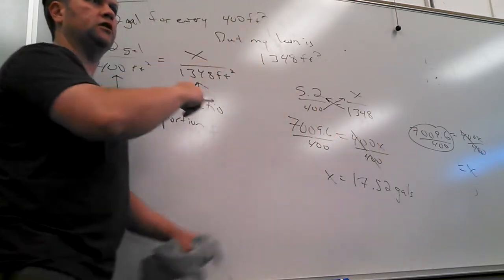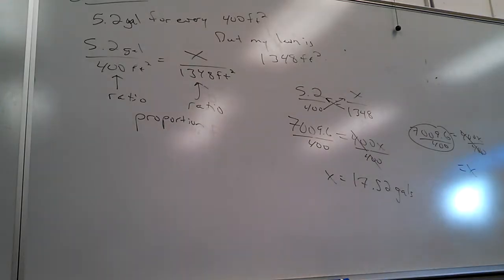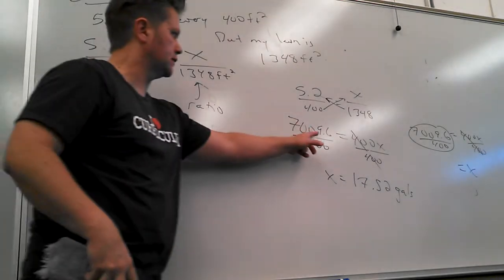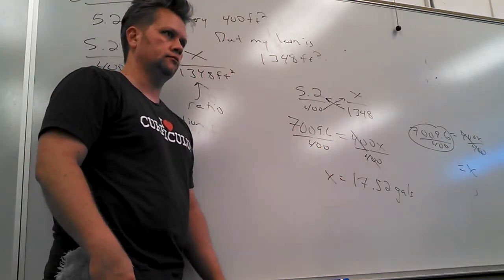I'm doing the same thing to both sides. So what is x equals? What is 7,009.6 divided by 400? 17.52.